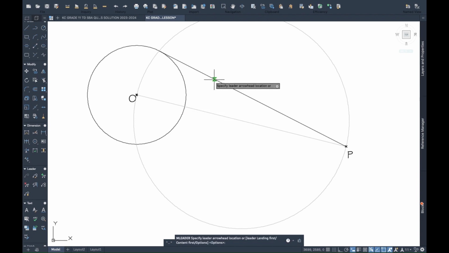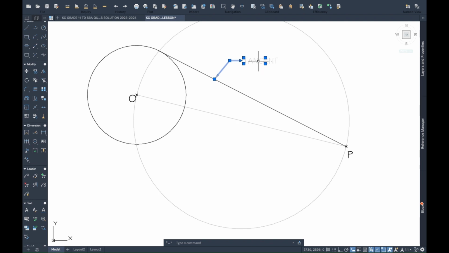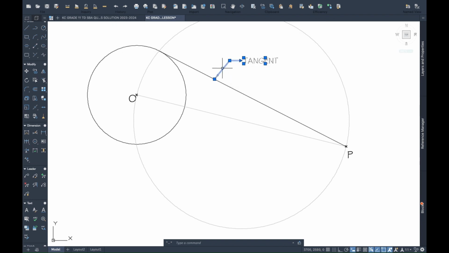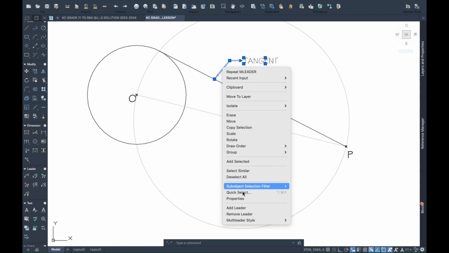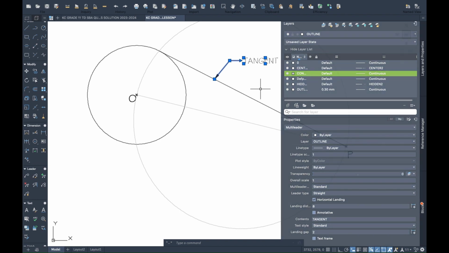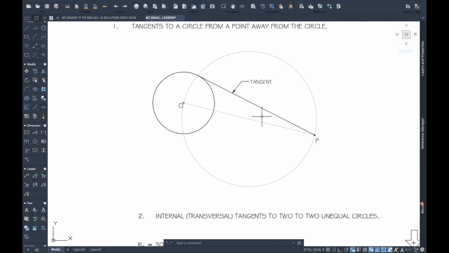So go to leader, and I will indicate that that line is a tangent. So this line there is a tangent. Alright? And it's as simple as that.